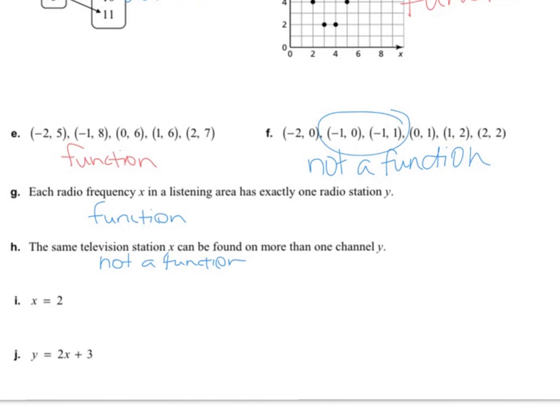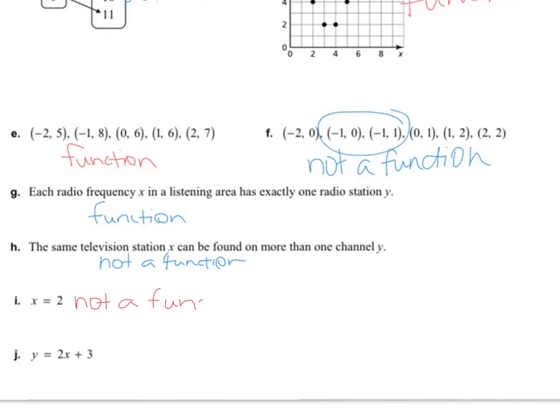This would actually be the graph of a vertical line. Any Y for the input value of X equals 2. So if it's a vertical line, at that particular vertical line, it's going to fail the vertical line test every time. So if it's going to be X equals a number, it is not a function.